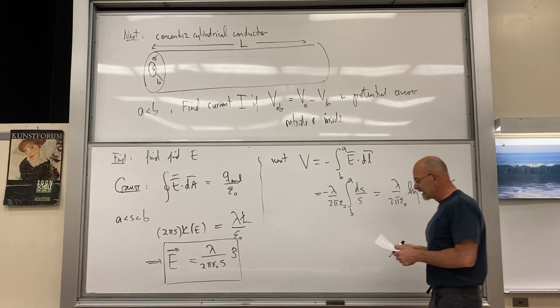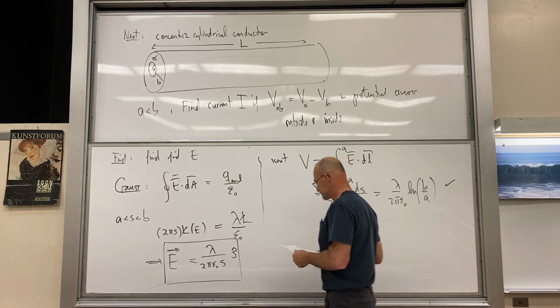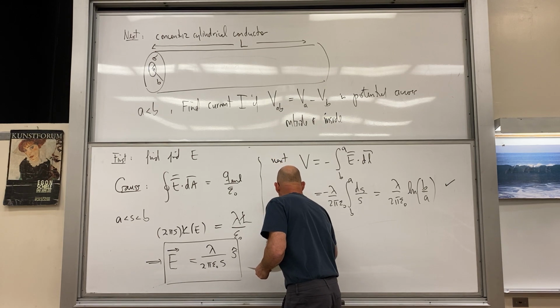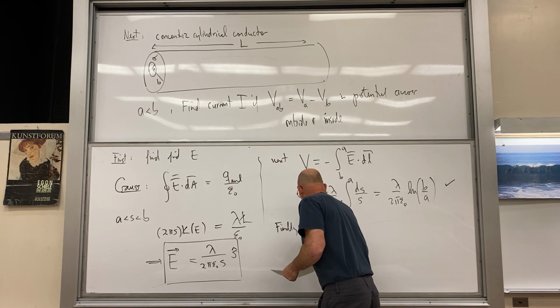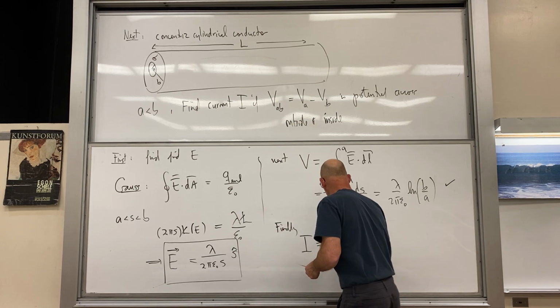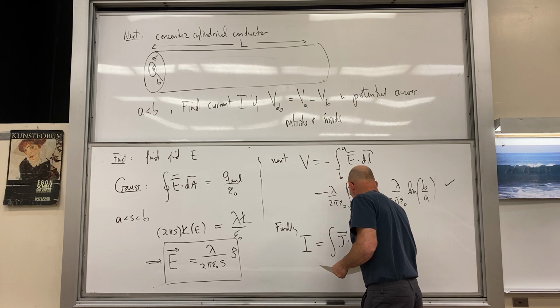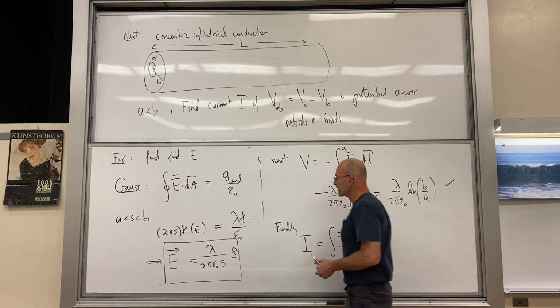Now we also need to get the current. Finally, we're going to have I is equal to the integral of J dot dA. And again, I should have put this in my picture.